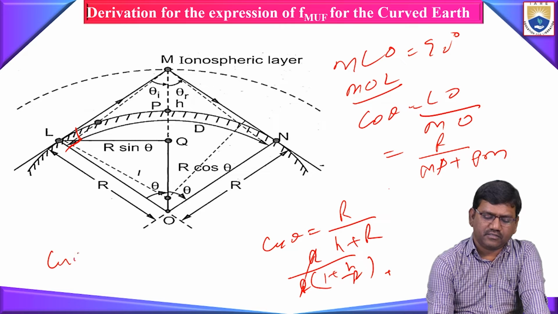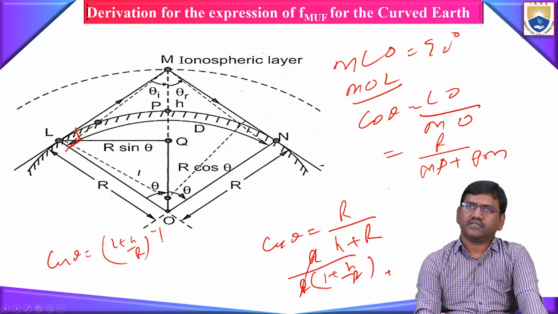So cos theta is equal to 1 plus H by R whole inverse.